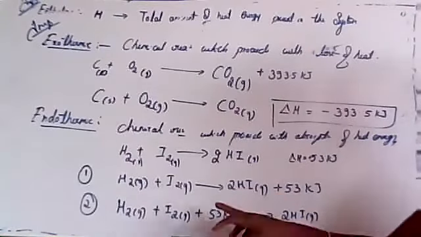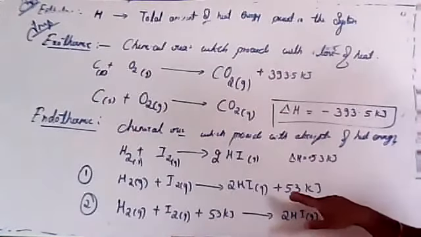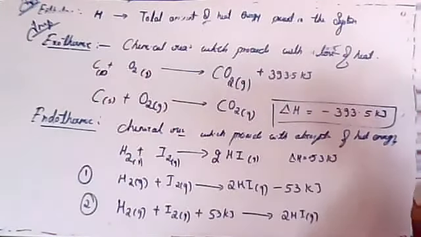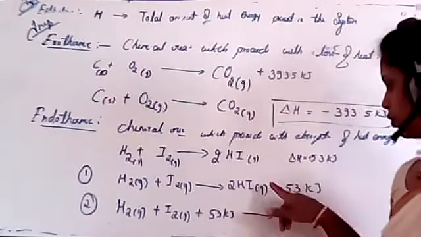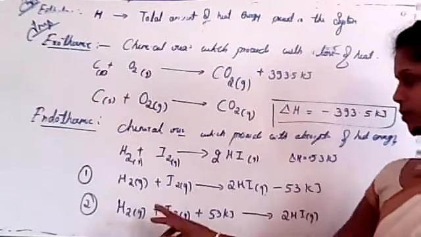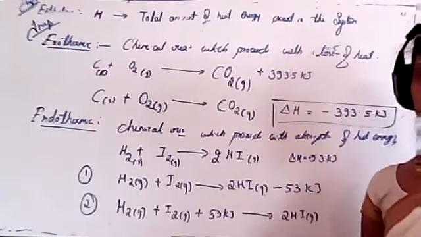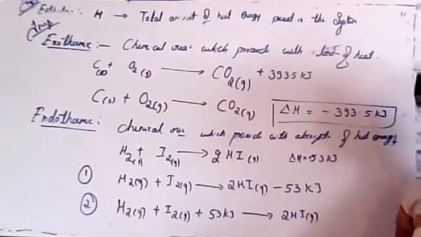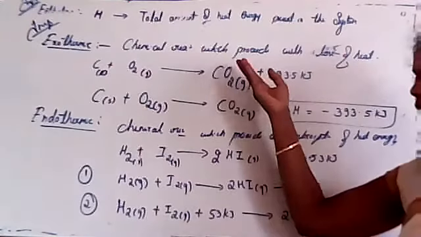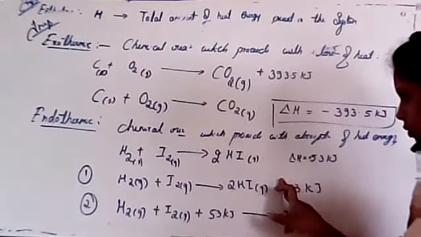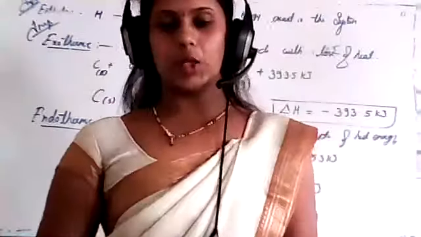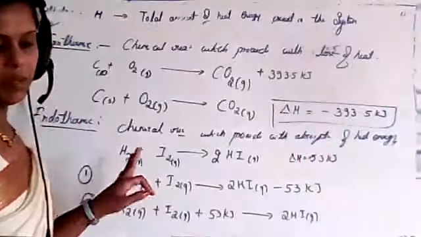Sorry, I just wrote a plus sign here. Now these two are same. Both are correct, isn't it? Is it clear? If we write plus, it is an exothermic reaction; here, if it is negative, it is. Is it clear, students? What is an endothermic reaction? You have to remember any one example.